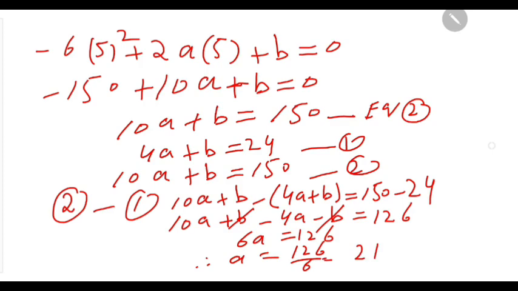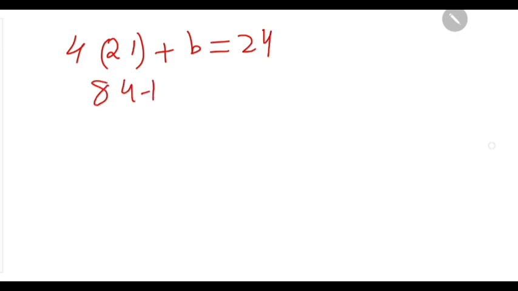Now to find the b value, I'm going to substitute a into equation number 1 or 2, wherever you feel like, the answer will be the same. So I'm going to substitute into equation number 1. So 4 times 21 plus b is equal to 24. 84 plus b is equal to 24.